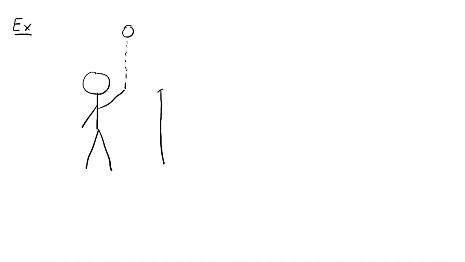So let's look at an example. If you have a person throwing something up in the air, so he throws a stone or something straight up. And let's say he throws it up from a height of, for simplicity, 2 meters. Then how high above the ground is it after a certain time?